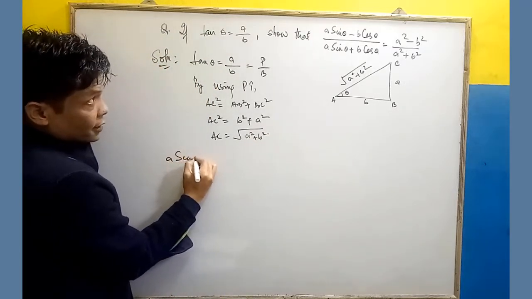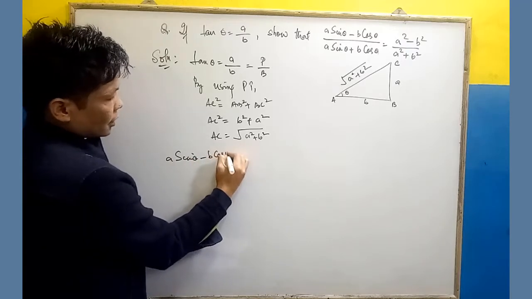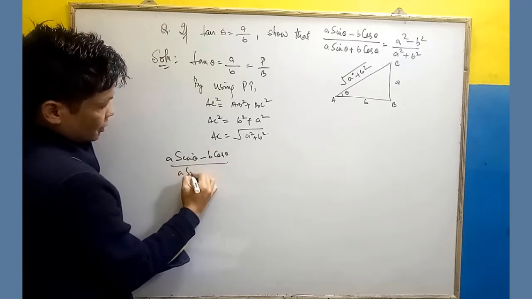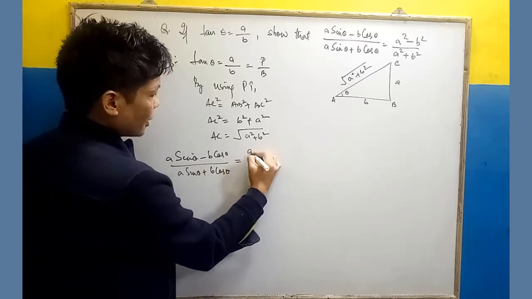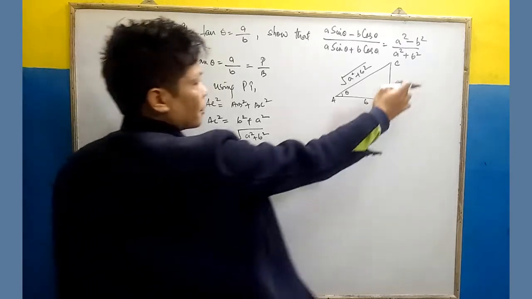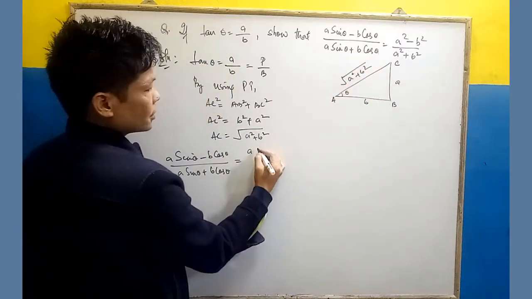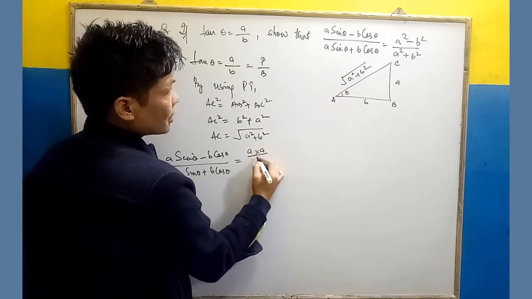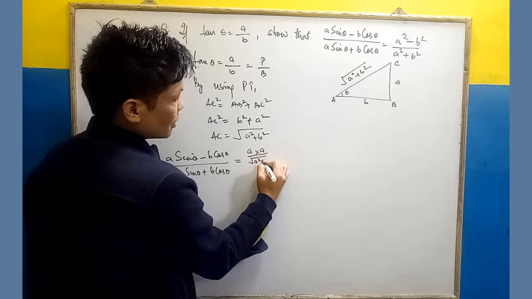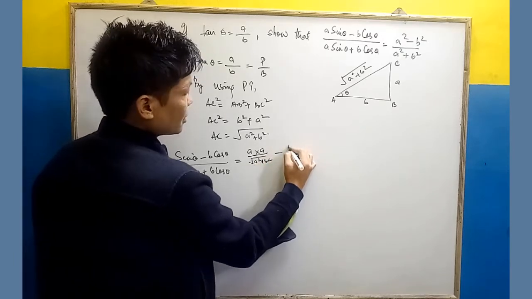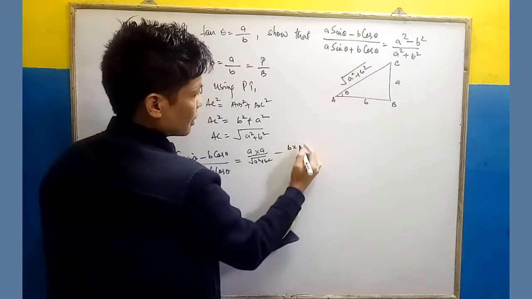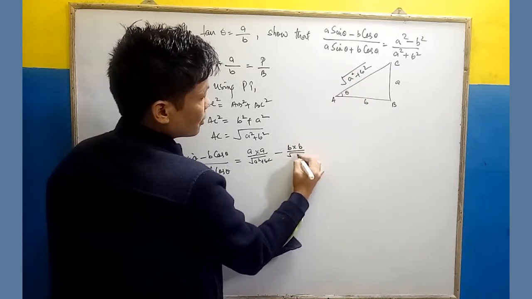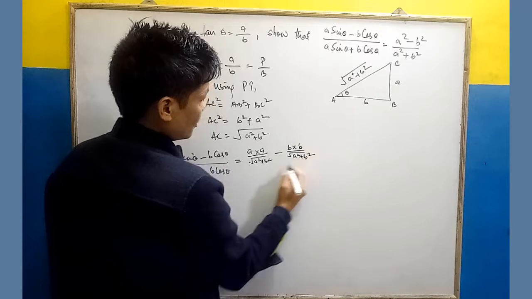Now (A sin theta minus B cos theta) by (A sin theta plus B cos theta) will be equal to, so sin theta is perpendicular by hypotenuse, which is A into A by under root of A square plus B square, minus B into cos theta, which is base upon hypotenuse, which is B by under root of A square plus B square.